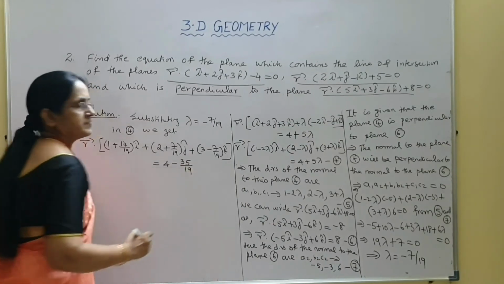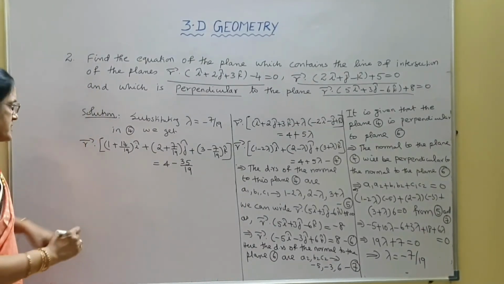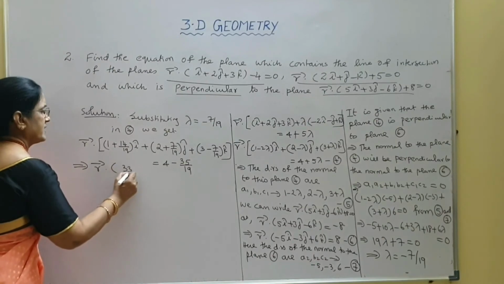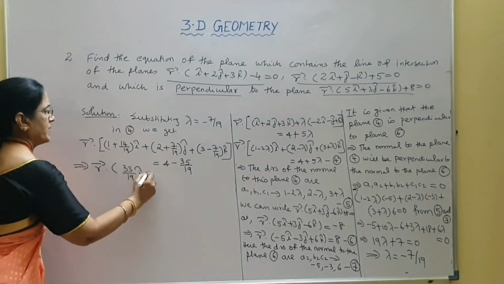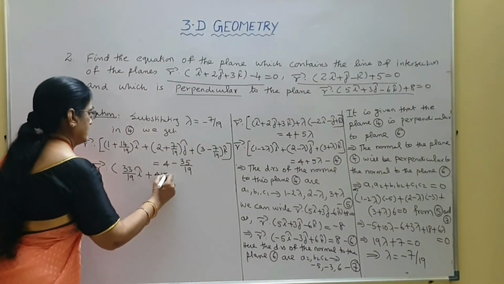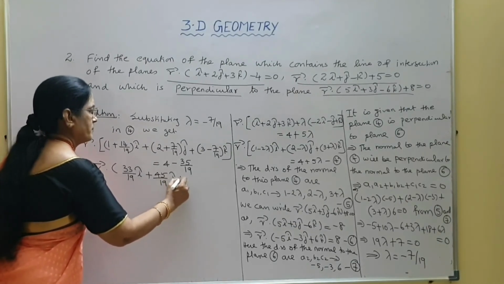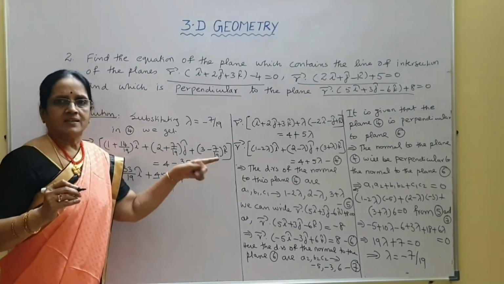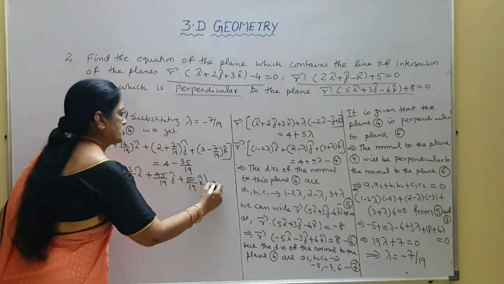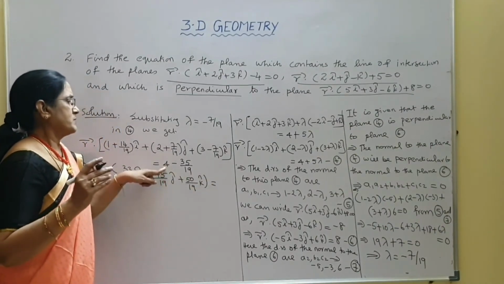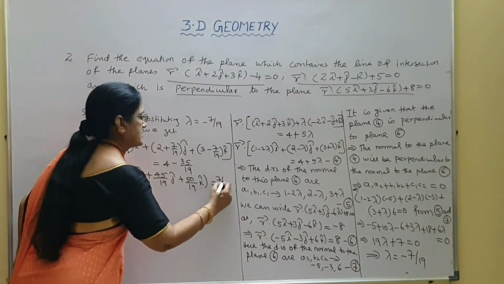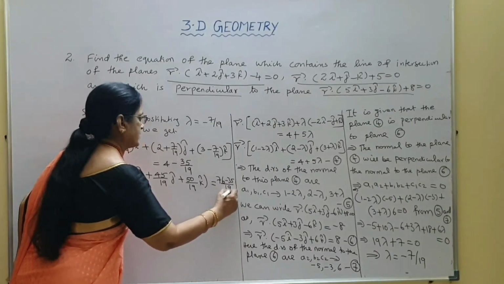When I simplify this further, I will be getting vector r dot 19 plus 14, 33 by 19 i cap, plus 38 plus 7, 45 by 19 j cap, plus 57 minus 7, which is 50 by 19 k cap, should be equal to 76 minus 35 by 19.